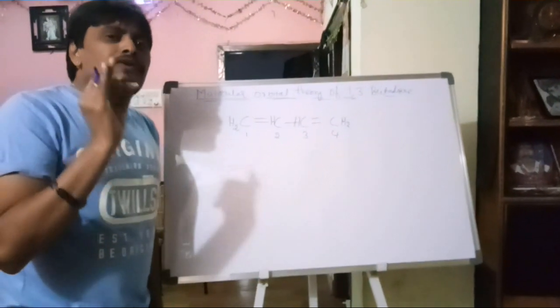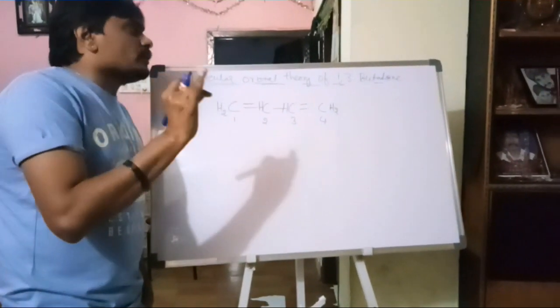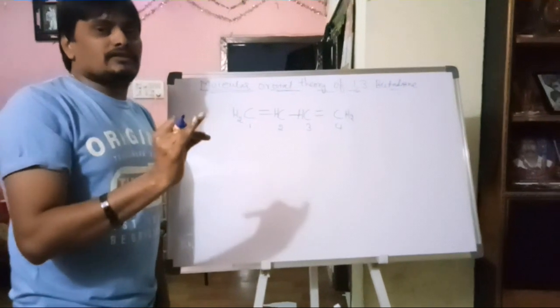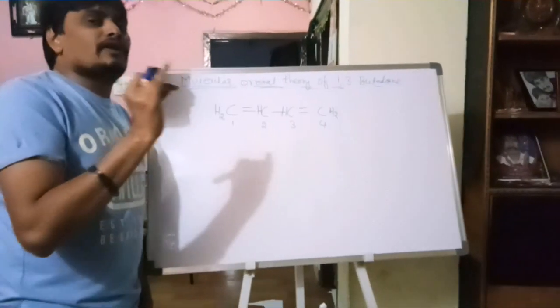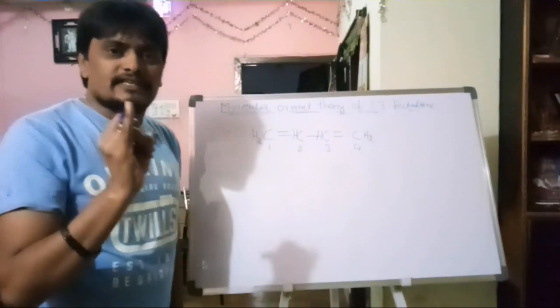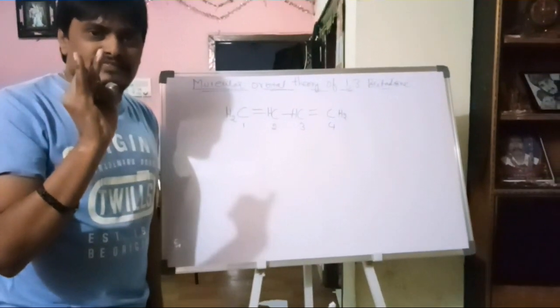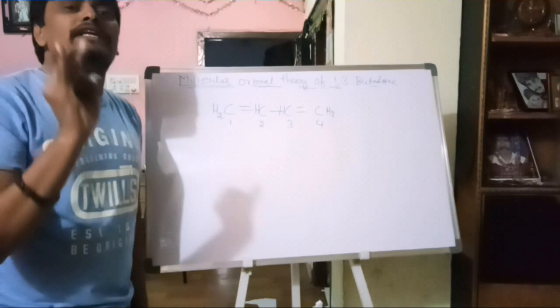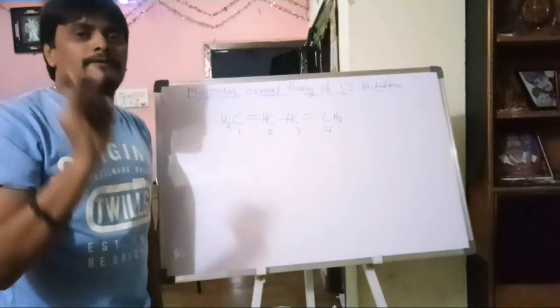So for these two reasons, the molecular orbital theory comes into the picture for 1,3-butadiene.